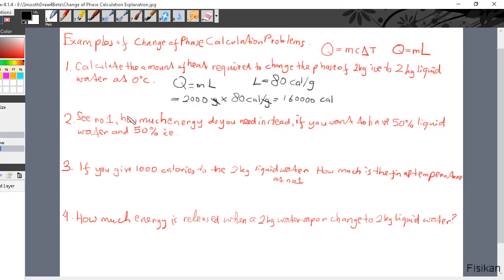We'll continue to number 2. Using number 1, how much energy do you need instead if you want to have 50% liquid water and 50% ice? When you change the phase from 2 kilogram ice to 2 kilogram liquid water, you require half of the energy, so you can just multiply this much energy by half.